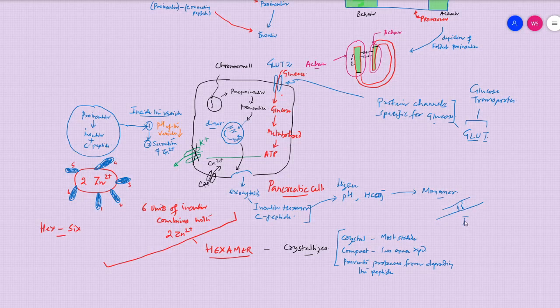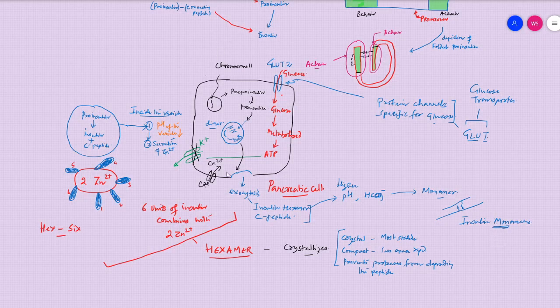Insulin monomers. The biological activity is due to insulin monomers, and these monomers then go and bring about their action in other cells.